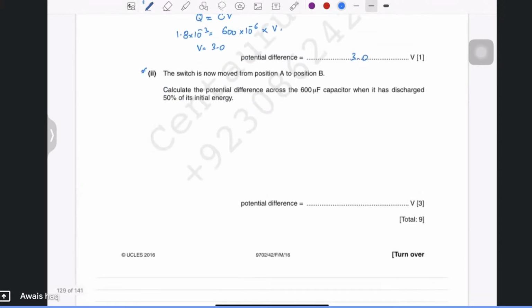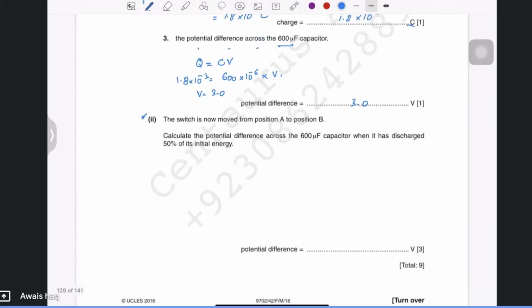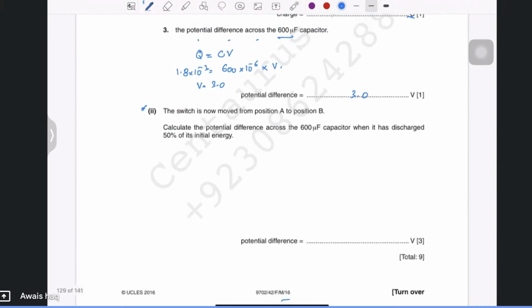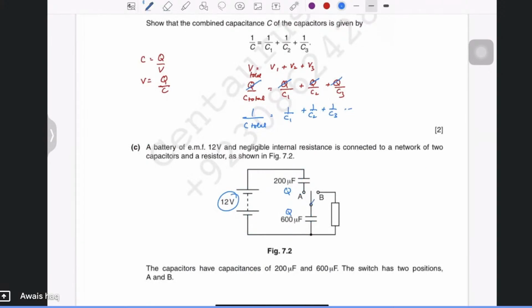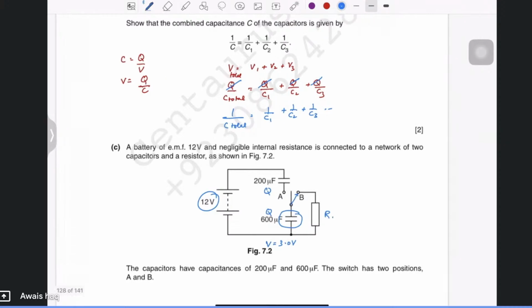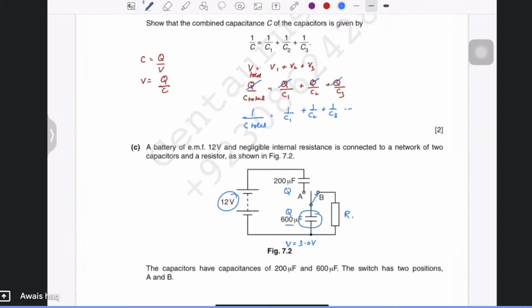Okay, the switch is now moved from position A to position B. Initially the voltage here was 3.0 volts, and this is the resistor R, and the charge that was in it was 1.8 times 10 raised to minus 3 coulombs. So we're going to keep this in mind.